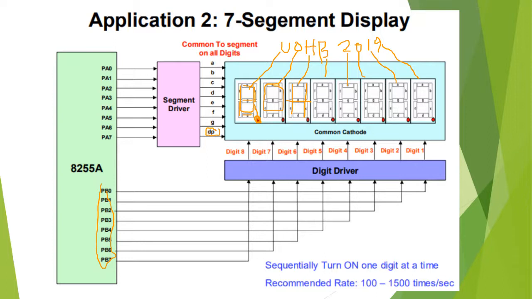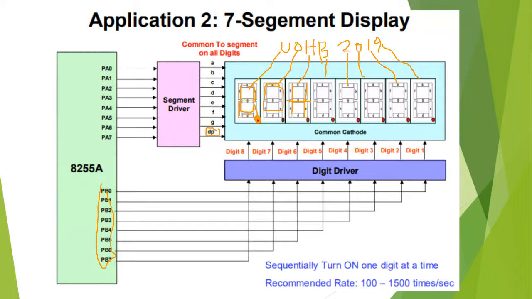So we see UOHB 2019 on the display, but they are not exactly at the same time. It is a very short time difference, like 1 millisecond or 10 milliseconds, depending on the hardware device. So there is a gap, but it is so short that human eyes cannot see it. We think we see UOHB at a time, but actually it is not.